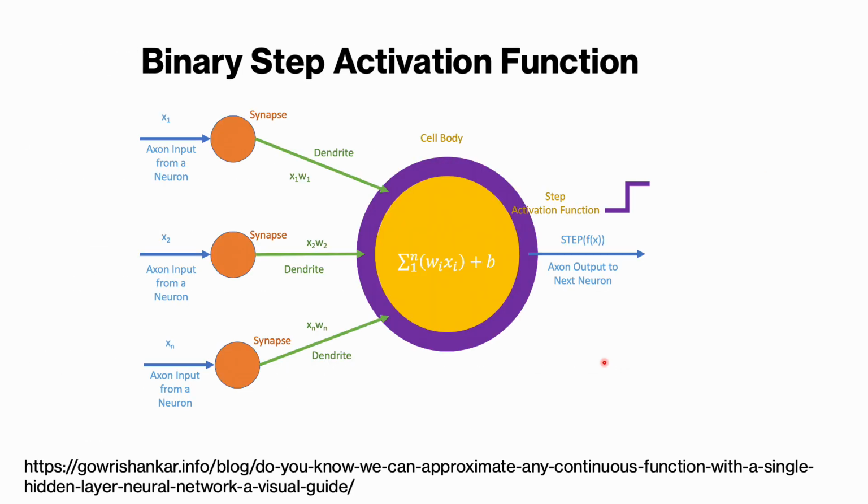Okay, so here we can see our binary step function and a nice little diagram that I found for it, found in the link below. It's the simplest, most basic building block of activation functions, where the neuron gets activated when the input crosses a certain threshold.